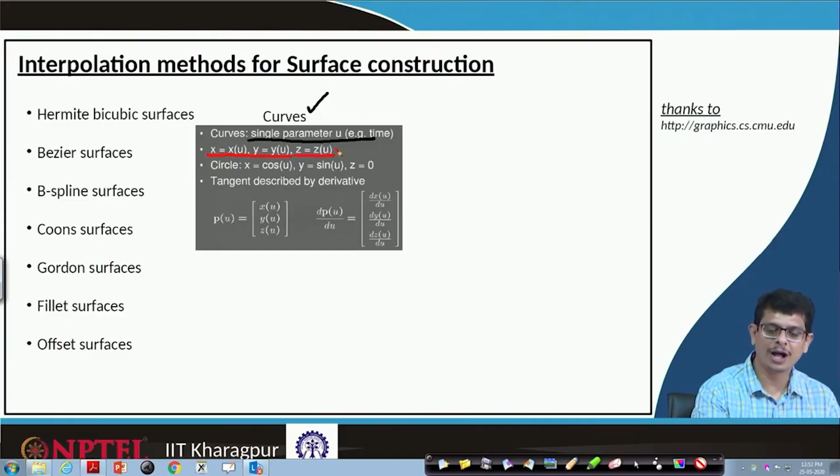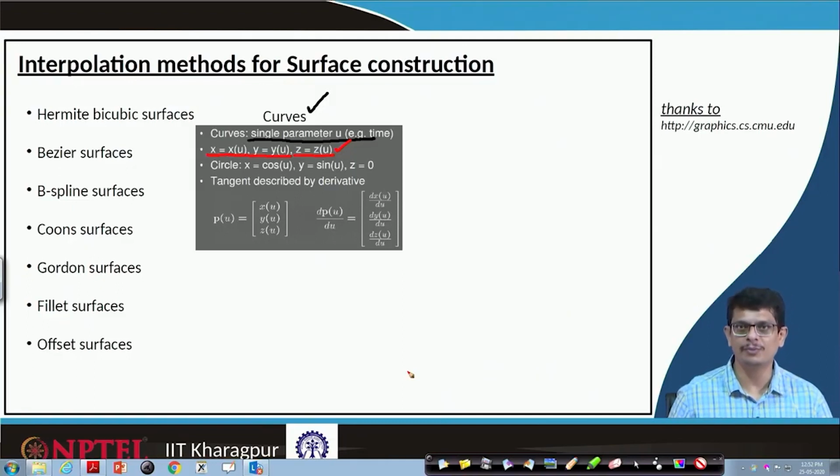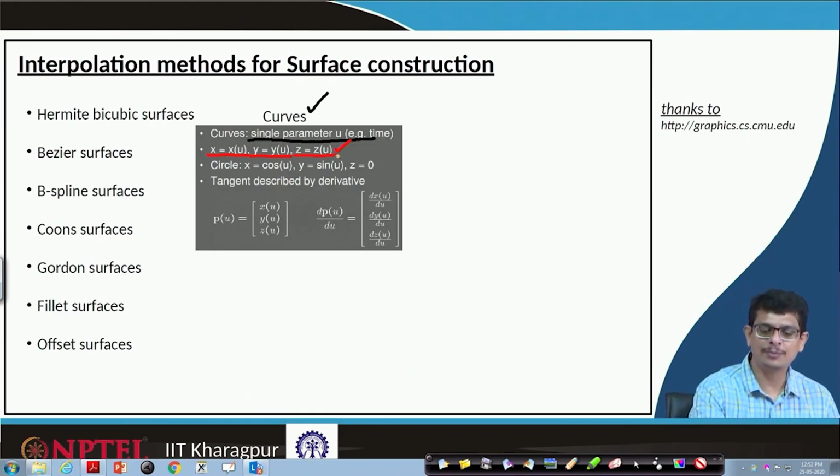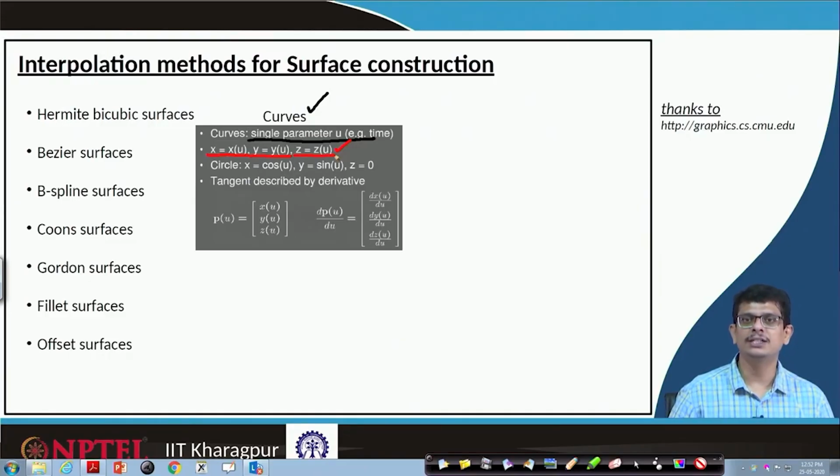In the same way, for any point x, y, z where you have information, one can pass a curve through that, and that parametric variation is what we refer to as u. For example, if it is a circle, cos u, sin u defines your circle. This u can be the theta angular coordinate in this particular case, and because it is a 2-dimensional circle, there will not be any z variation.